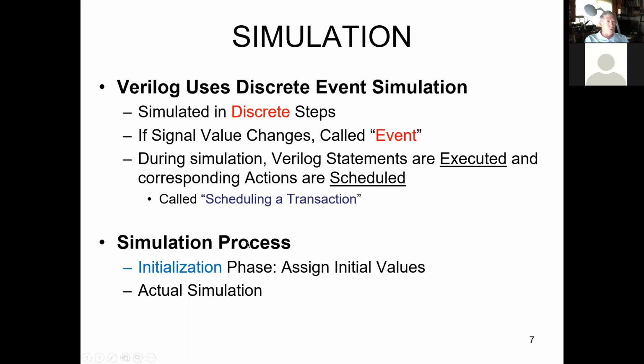All right, so simulation process. The initialization phase assigns all the initial values, and then you do the actual simulation. And we always remember, when you're simulating, your test bench code is generating all the signals, including the clock and all the external signals that are being fed in to your module under test. We call it the device under test, DUT.